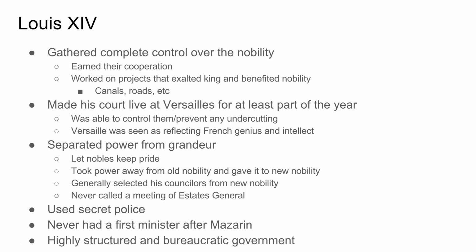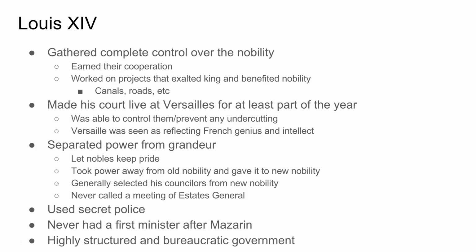Because now Louis XIV has an entire canal and road system stretching throughout his whole empire, his whole country. And so if any of the noblemen decide that they want to rebel, well, he can very quickly use the canals and the roads that those noblemen had just built to get an army there quickly to put them down.